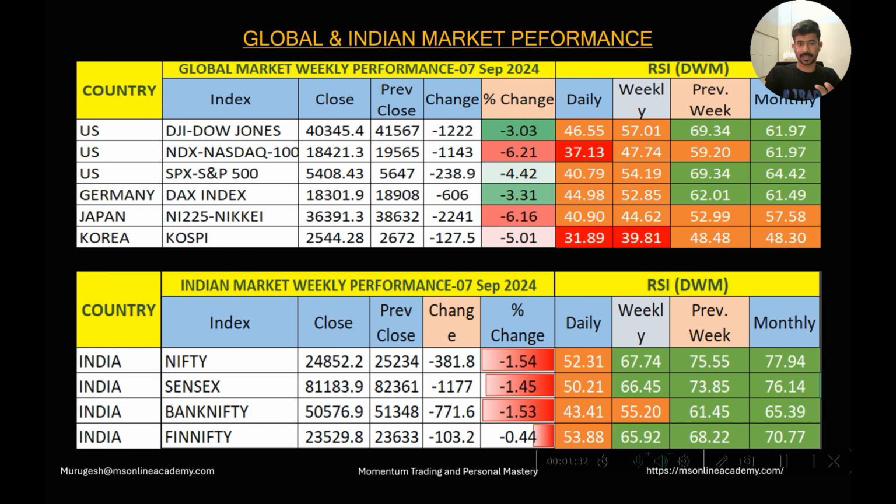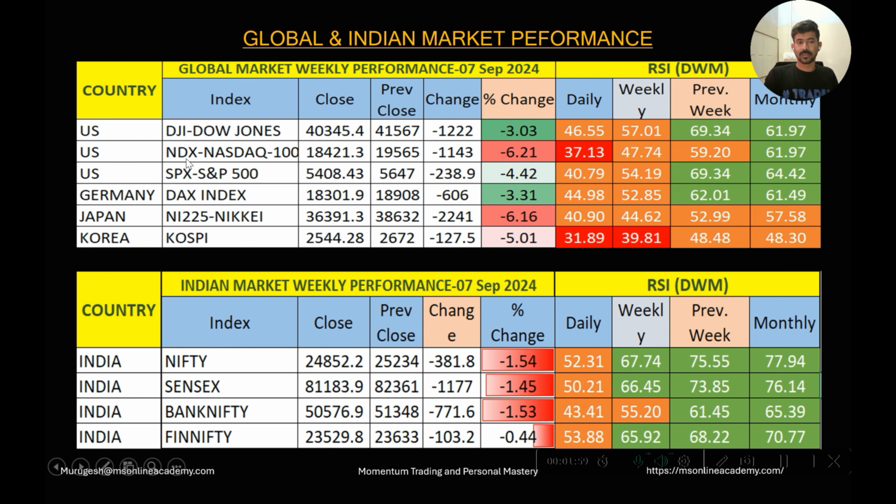This is what I follow to create the statistics of the global market and Indian market. Here we are mainly using the RSI as a benchmark tool to get the market view. We know the unconventional way of the RSI 60/40. Wherever the RSI is above 60 in any time frame where it is traveling or sustaining, we can say that is a bullish market.